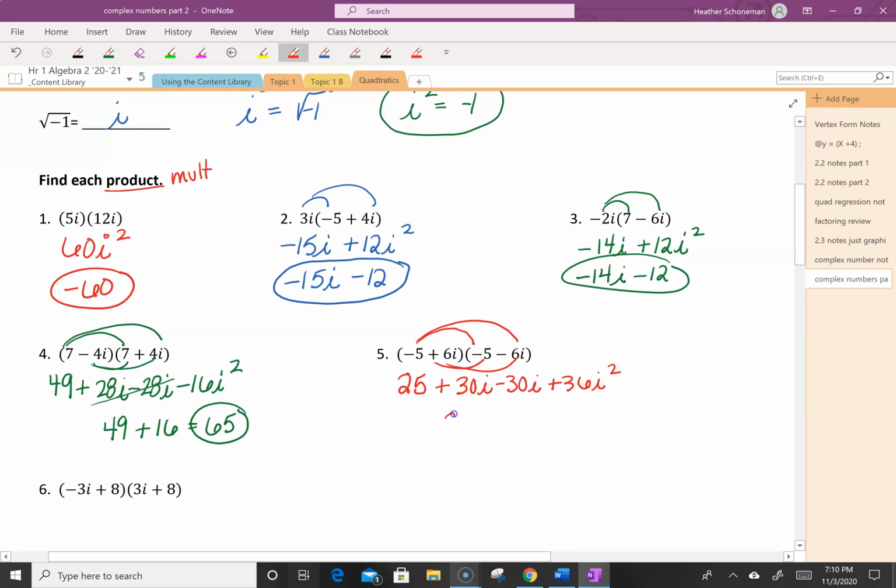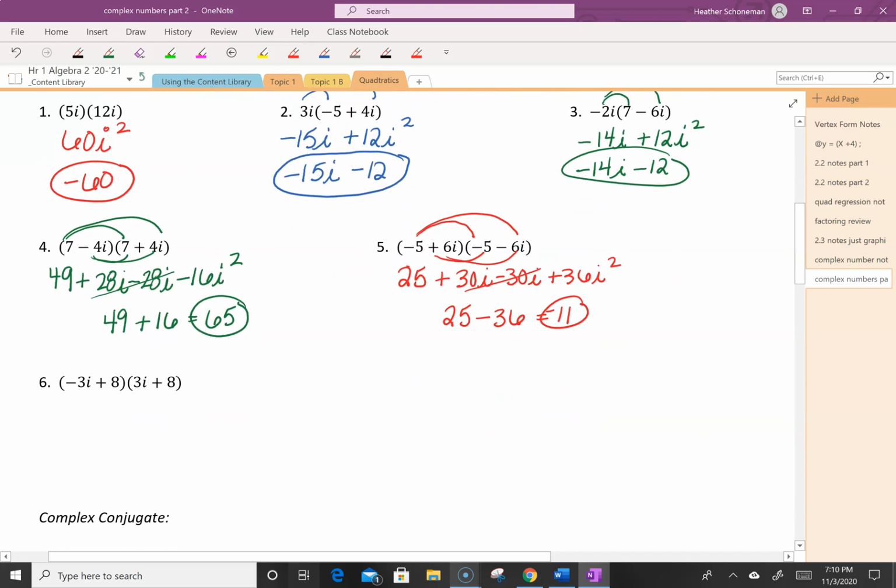Well, the i's cancel out in the middle, so I get 25. And then 36i squared, well, i squared is -1, so it really should be -36. And 25 minus 36 would be 11. Oh, -11.